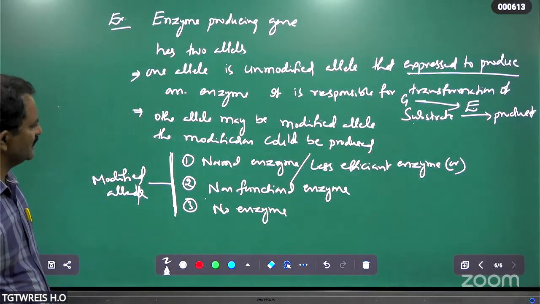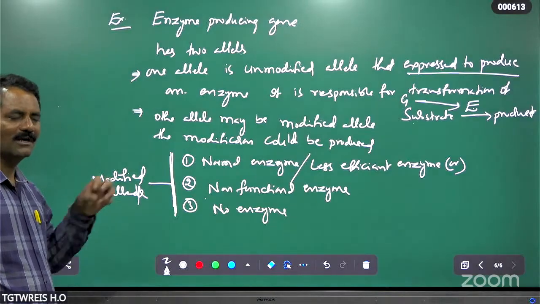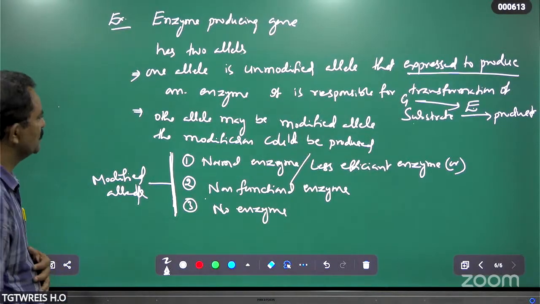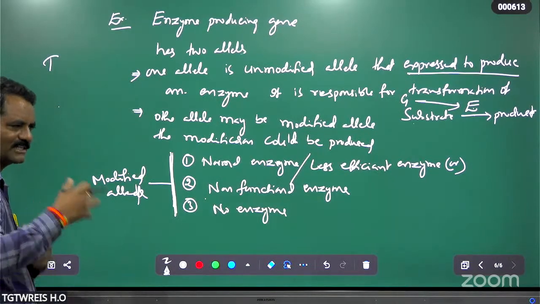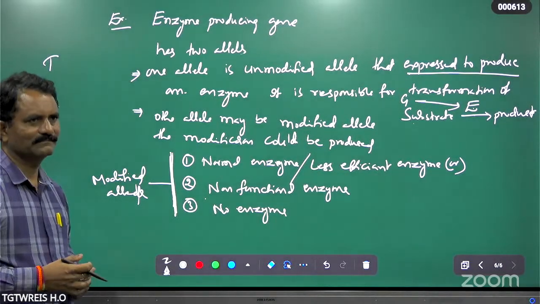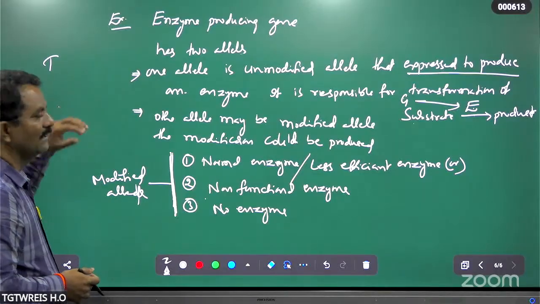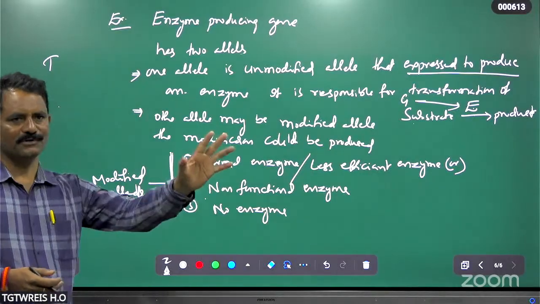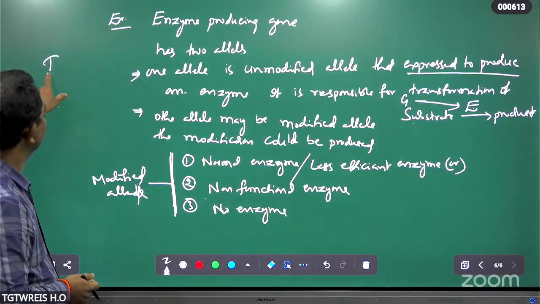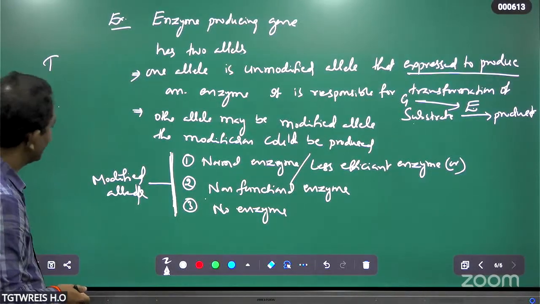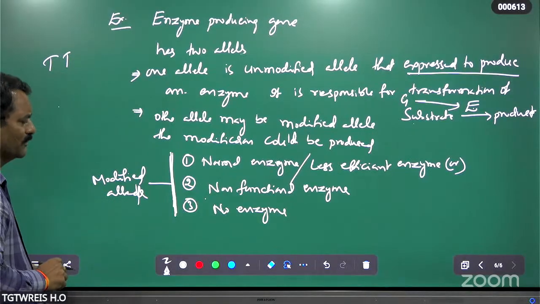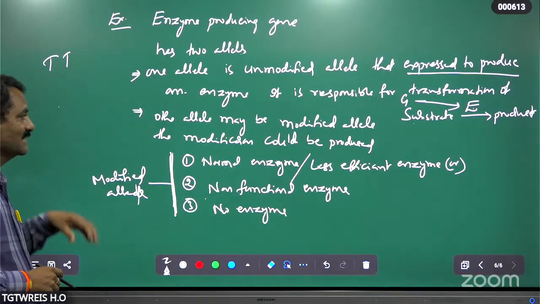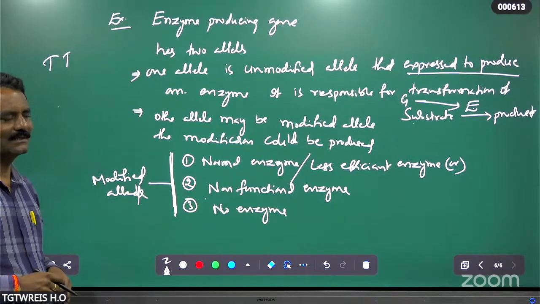In the first condition, normal enzyme is produced by modified allele. So automatically, unmodified allele is the T. It is responsible for the expression of phenotype. The other allele also produces normal enzyme, which is nothing but equal to unmodified allele.